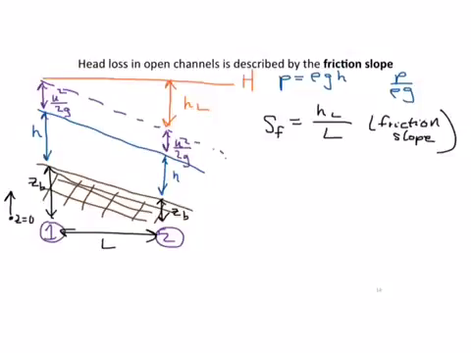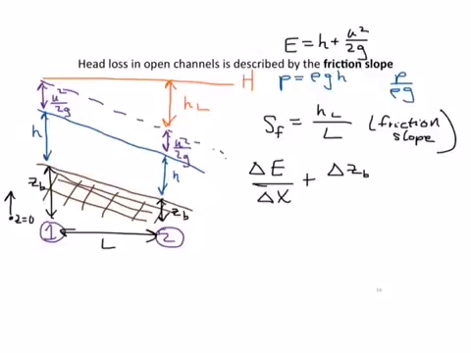Because total head is conserved, we can say that the change in specific energy, remember specific energy is equal to h plus u squared over 2g, over change in longitudinal distance along the stream, plus the change in the bed height over that same distance, plus the friction slope has to equal 0.